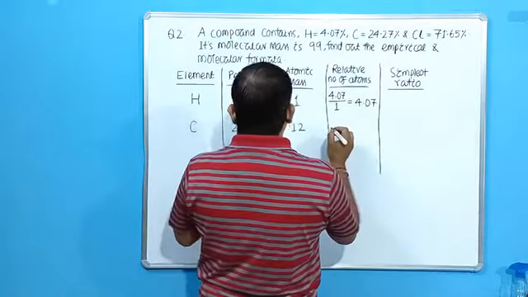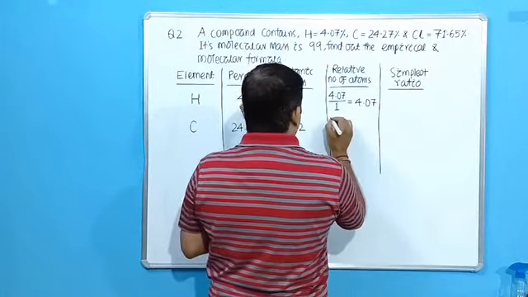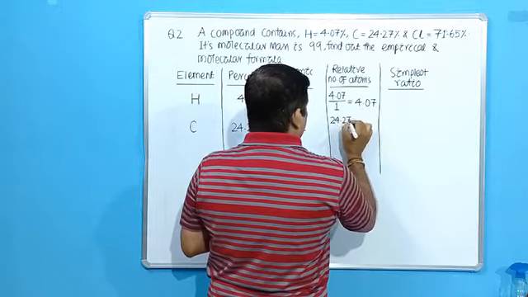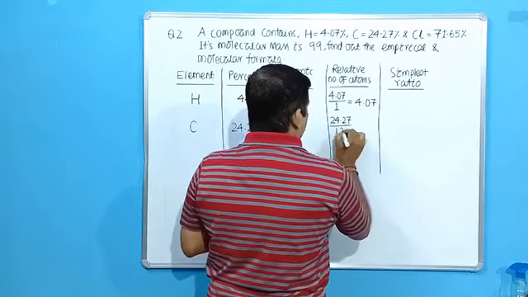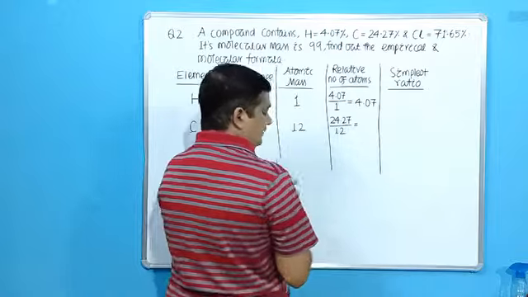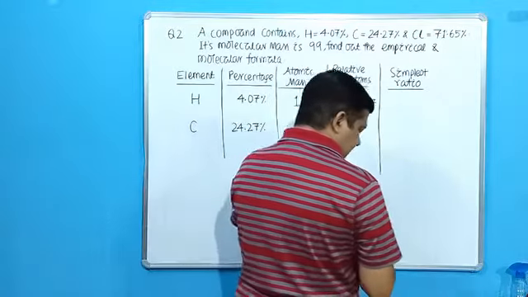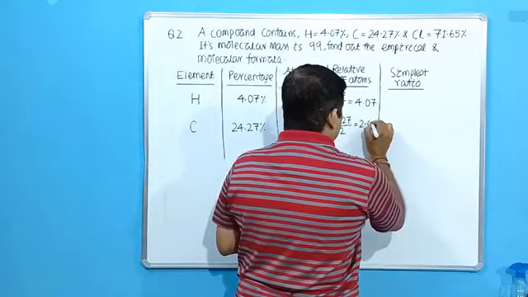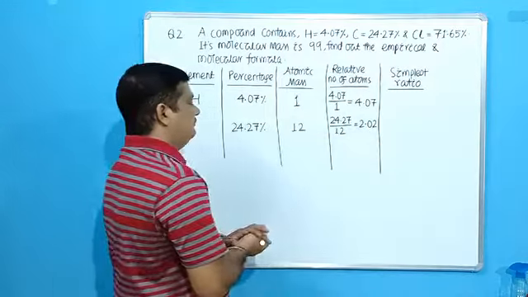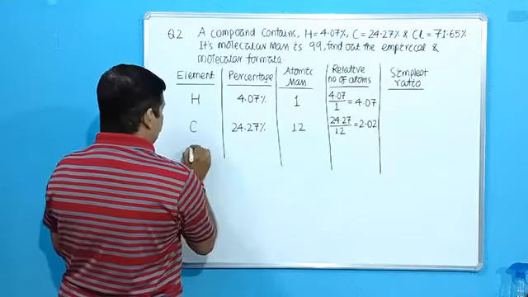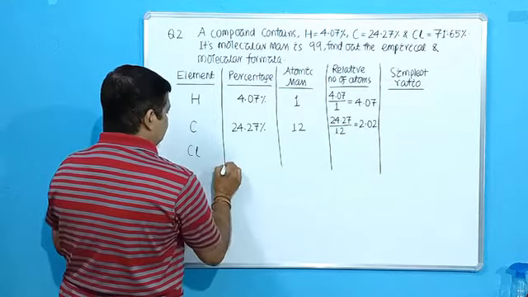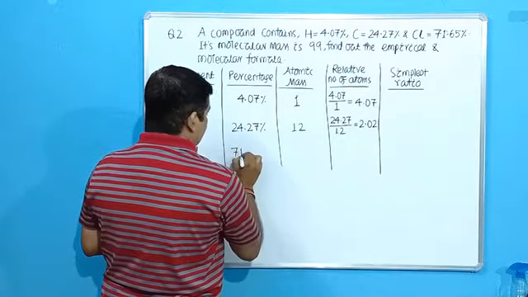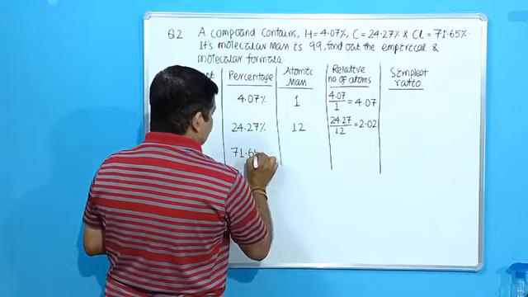Then relative number of atoms, percentage by atomic mass. So 24.27 divided by 12 will be 2.02. Then the last one, chlorine. The percentage given is 71.65%.